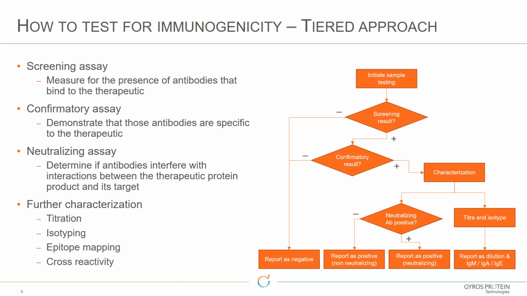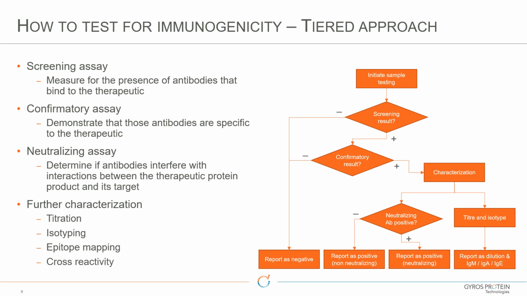If a sample is positive in the screening assay, then you have a confirmatory tier, and that normally involves adding additional drug. If it's a specific response, it will have a signal inhibition in the presence of drug. So you validate that normally alongside the screening assay.